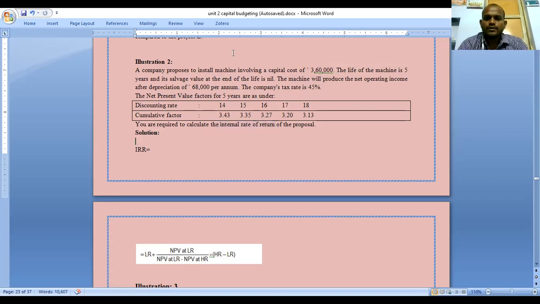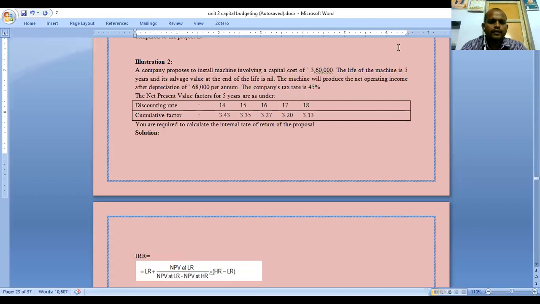So before calculating the IRR, we have to calculate the yearly cash inflows. So first of all, if you just look at the problem, we have to calculate the depreciation. By following which method?